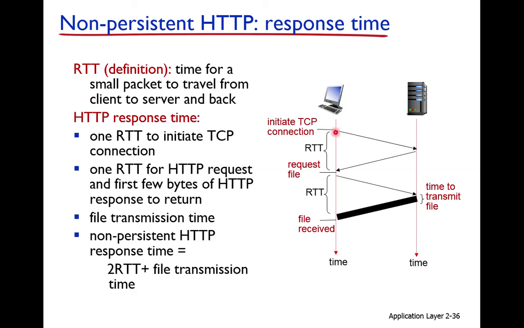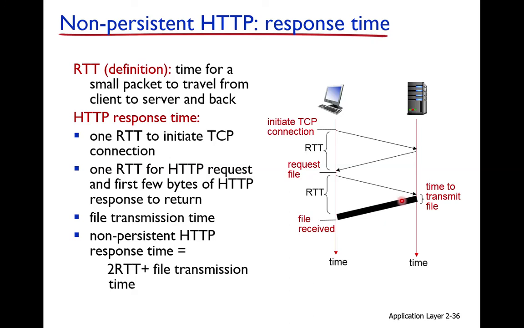The time taken from here to here is called RTT. One RTT is needed for TCP connection establishment, and one RTT is needed to send the object request. So the HTTP request is sent, and then the HTTP response is received. After this, the object will be transmitted.